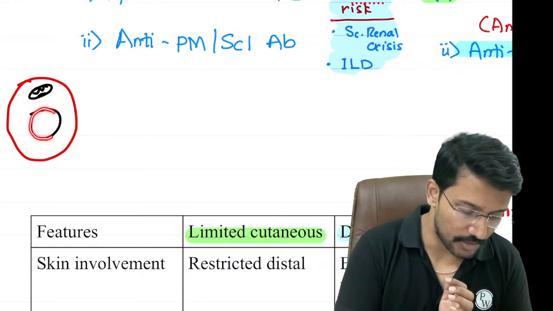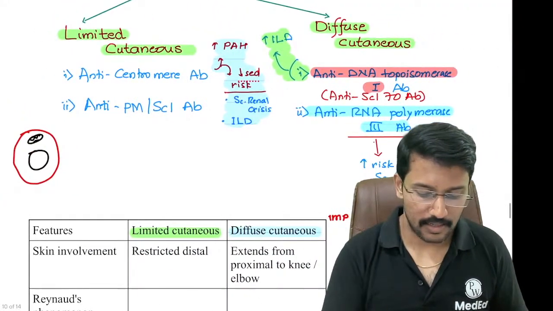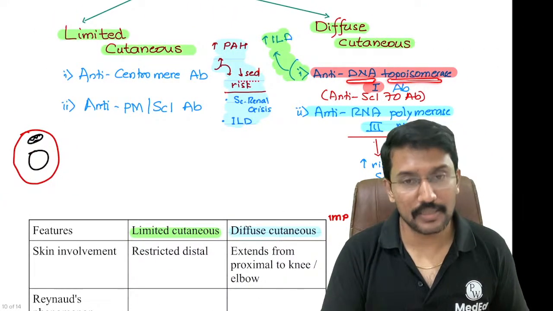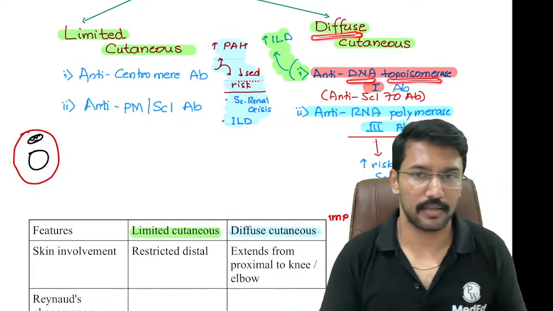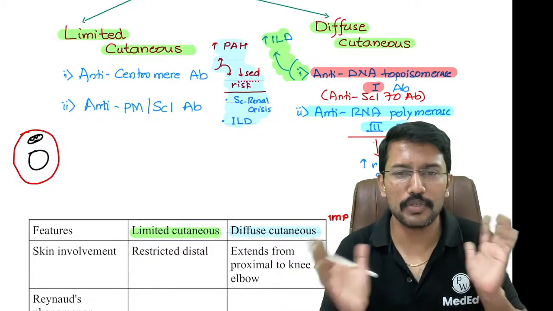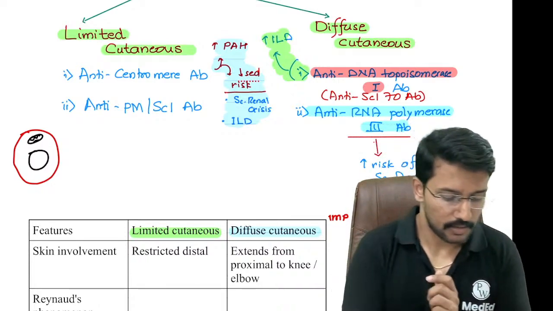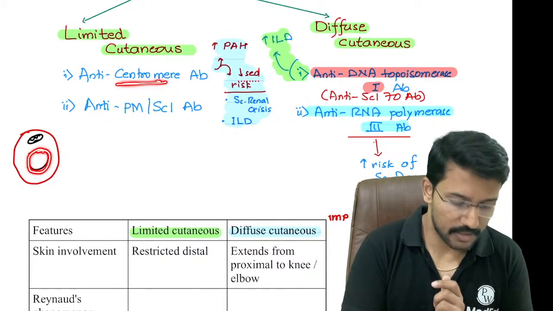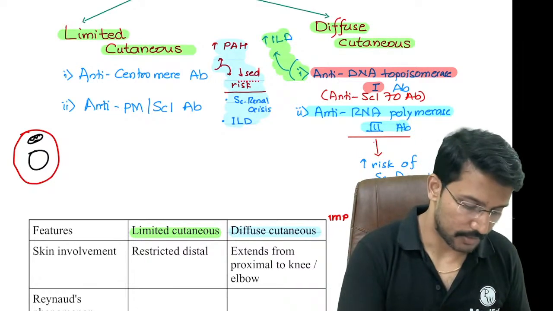It is not restricted or limited to nucleus. So this anti-DNA topoisomerase antibody diffuse cutaneous से correlate करता है. क्यों? Because DNA diffusely present है सेल के अंदर, सिर्फ न्यूक्लियस में लिमिटेड नहीं है. सेंट्रोमियर न्यूक्लियस को लिमिटेड है, इसलिए वो सिर्फ लिमिटेड क्यूटेनियस से मिलता है. So that way you can remember it.